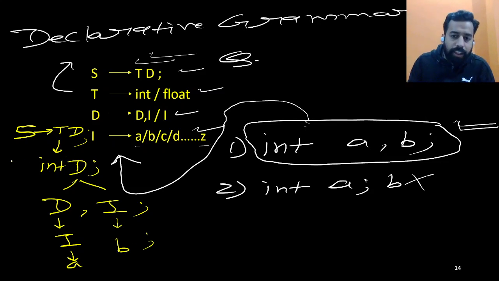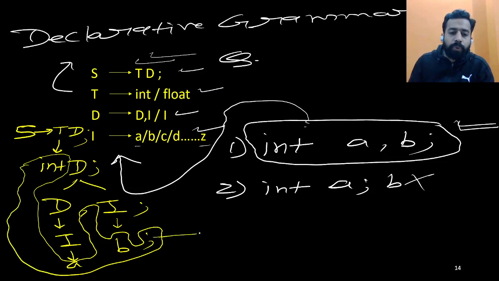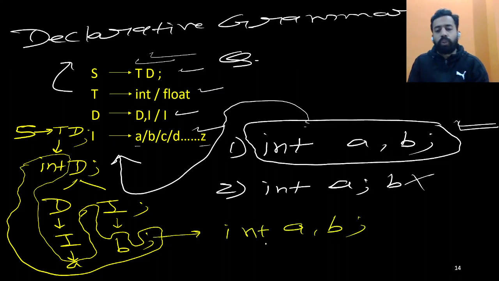So if you see what set of terminals it has produced, you will see int, then A, then comma, then B, then semicolon. So this is the sentence this grammar has produced. Yes: int A comma B semicolon.